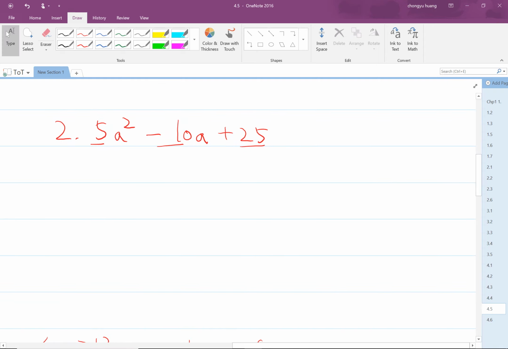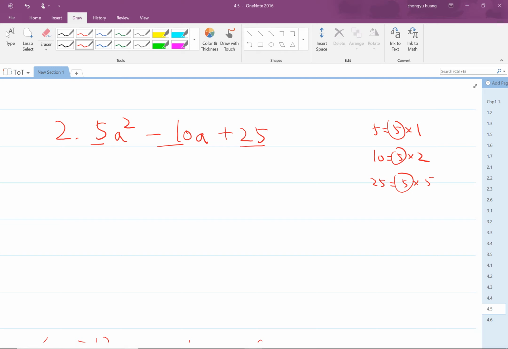Let me write it down. 5 is equal to 5 multiplied by 1, 10 is equal to 5 multiplied by 2, and 25 is equal to 5 multiplied by 5. So the greatest common factor among those three terms should be 5.